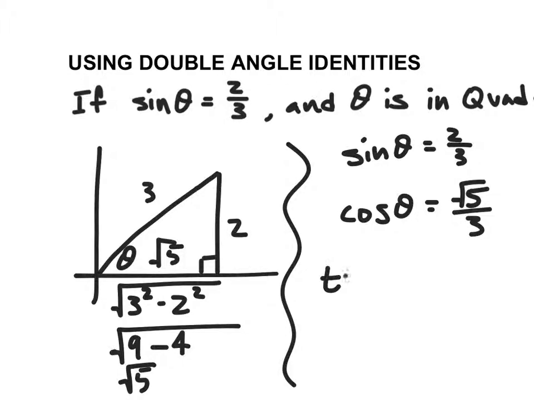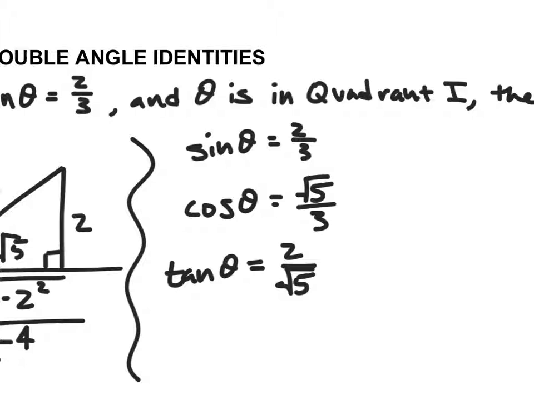And tangent of theta can be written a couple different ways. Opposite over adjacent is going to be 2 over the square root of 5. Okay, now I can write it like that. I can also rationalize our denominator, and we would get tangent of theta is equal to 2 square root of 5 over 5, if I multiply the top and bottom here by the square root of 5.